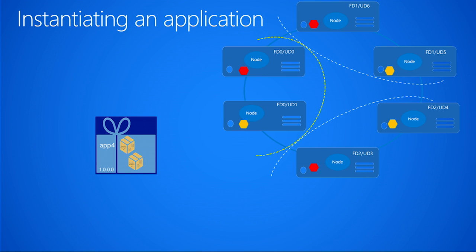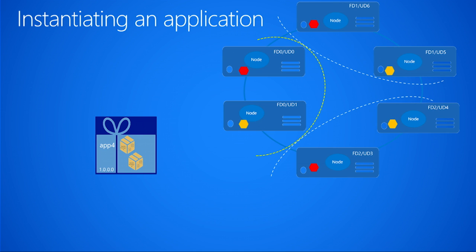In this scenario I've said that I need 3 copies of the red hexagon and 3 copies of the yellow hexagon. As you can see, it got spread out so that all of the cluster nodes are used, and we will start to reuse them for placing more replicas if there's a need for it.